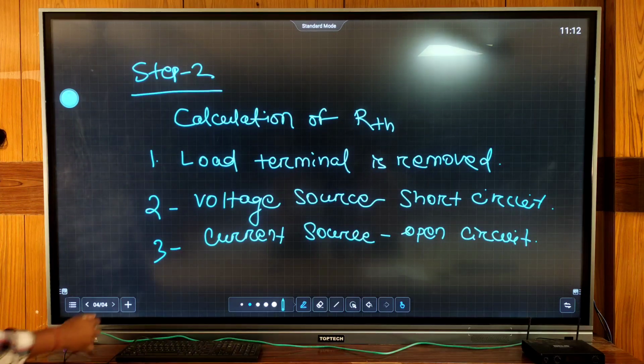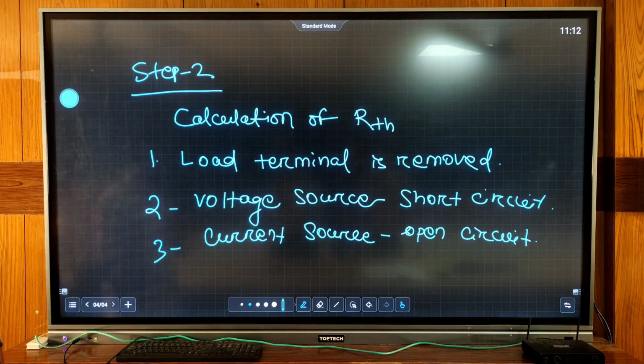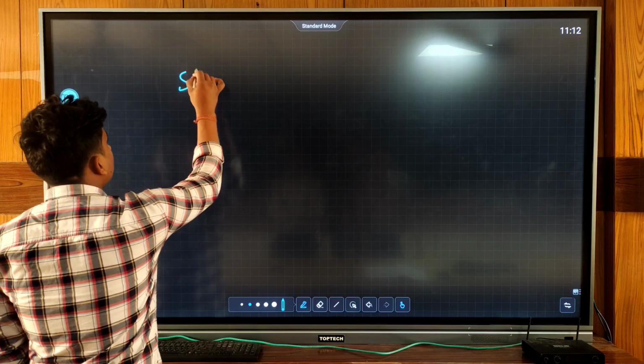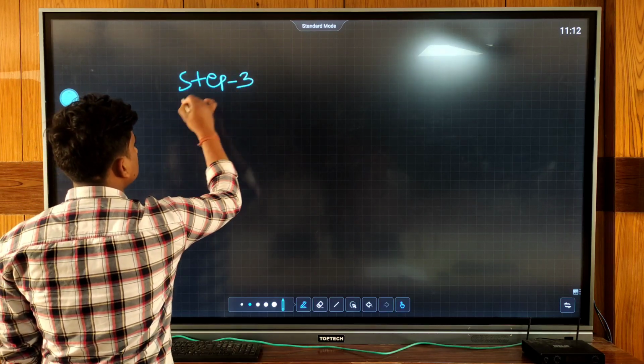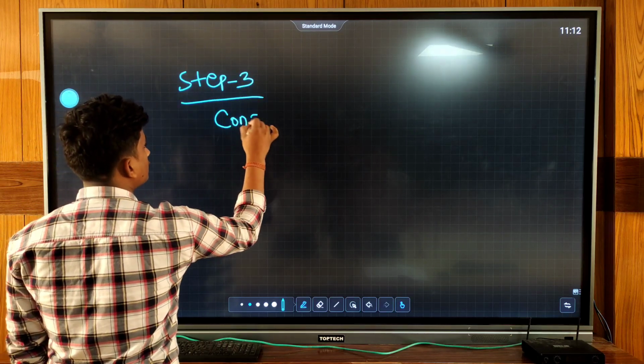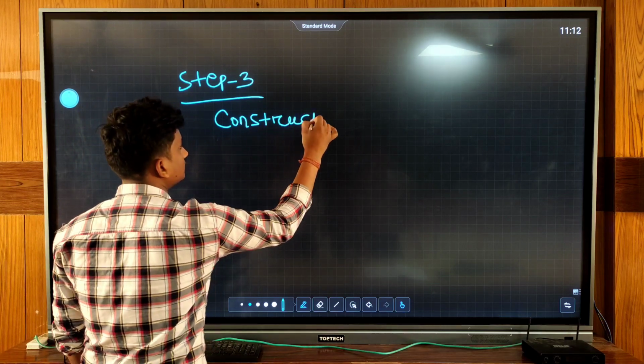Then, in the third step, we have to calculate IL by rearranging the circuit again. In step 3, construction of Thevenin's network.